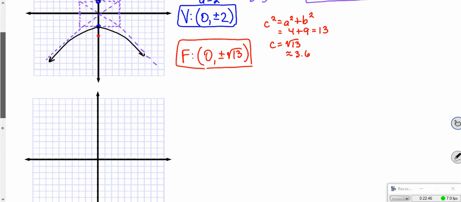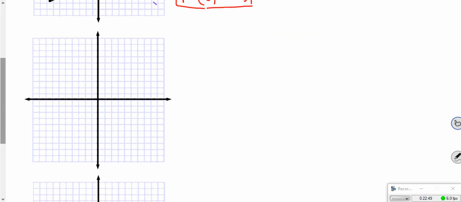Let's go down to the next one. So the next problem is x squared over 49 minus y squared over 36 equals 1.